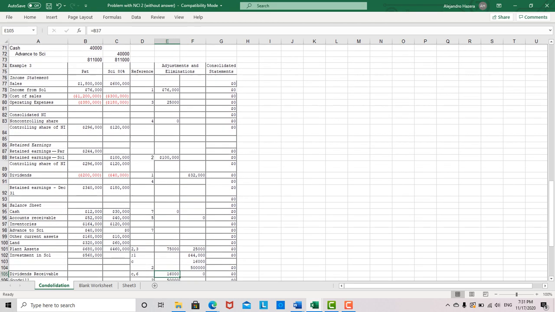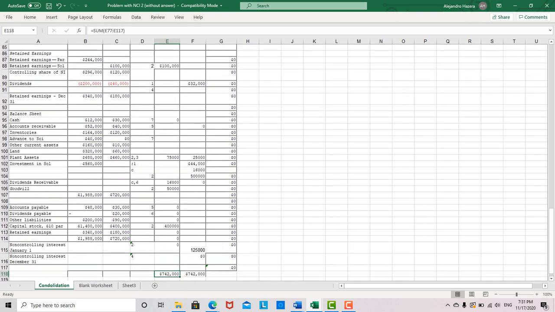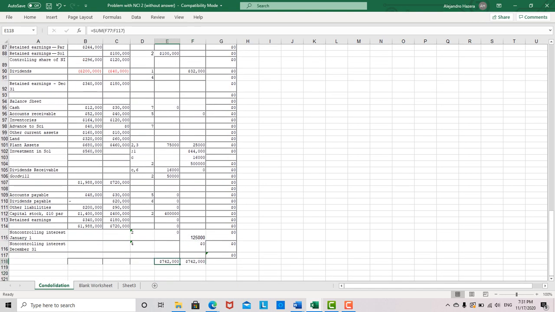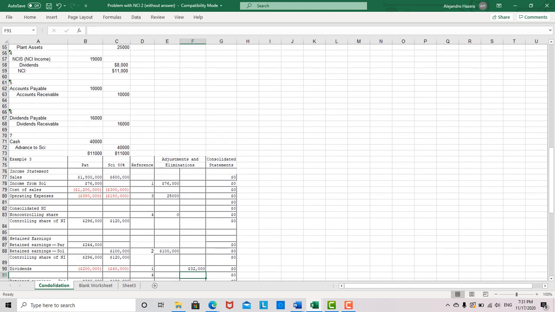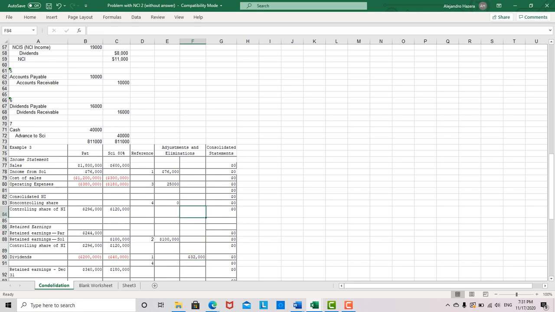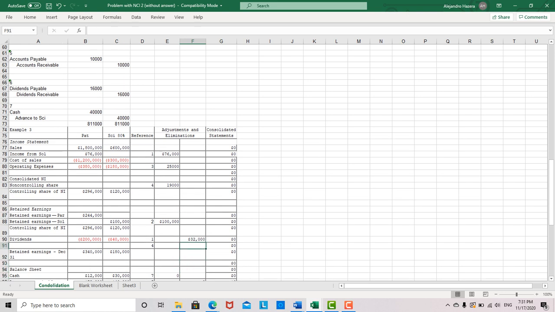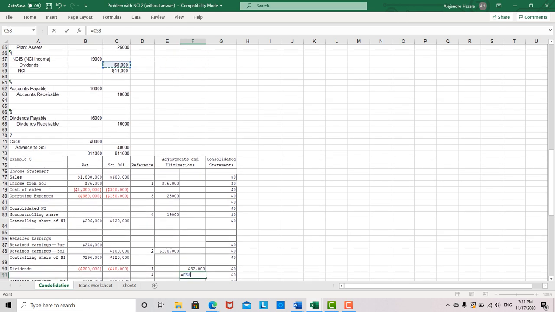And then in entry number 4, we update the non-controlling interest. The totals look good here. The update to the non-controlling interest is going to be, you're going to debit, and this is probably one of the more important debits, non-controlling share of income. We consider that to be an expense because it doesn't belong to us. That's $19,000. We're going to credit dividends, which is the remainder of the dividends, for $8,000 right there.